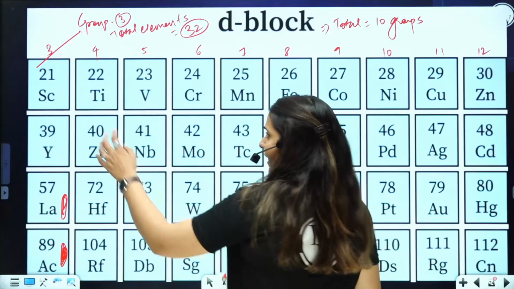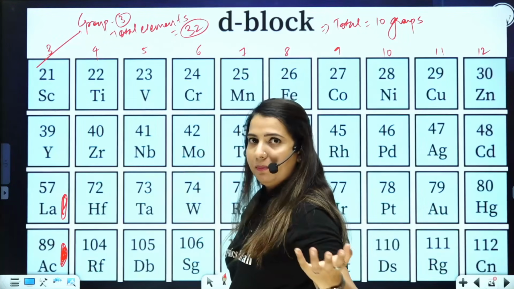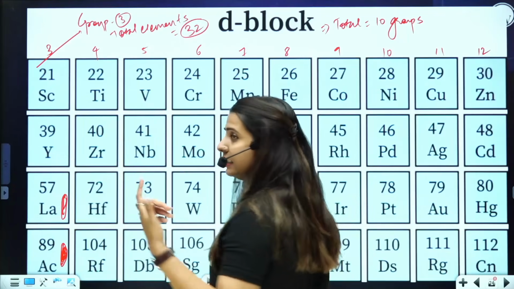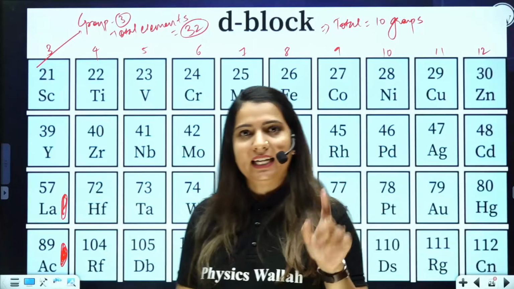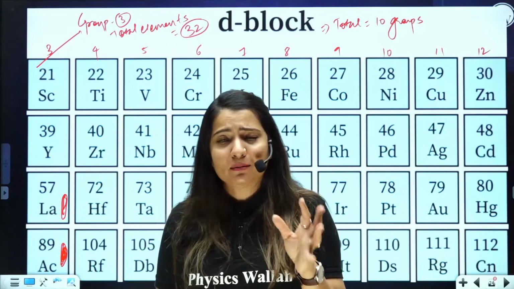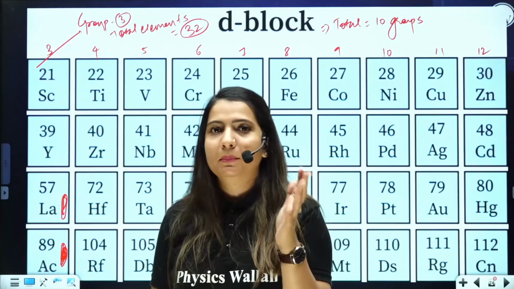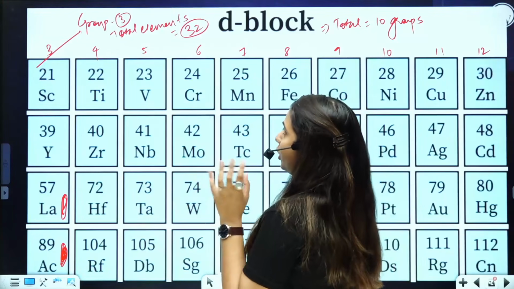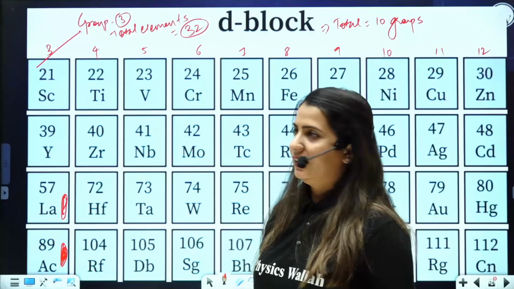First of all, 4 elements are already present in the group, and 14 are the lanthanides, 14 are the actinides. So 14 and 14 give you 28, and these 4 elements give you 32. So the maximum number of elements present in any group is in group number 3, the maximum number of elements any group can have, right?